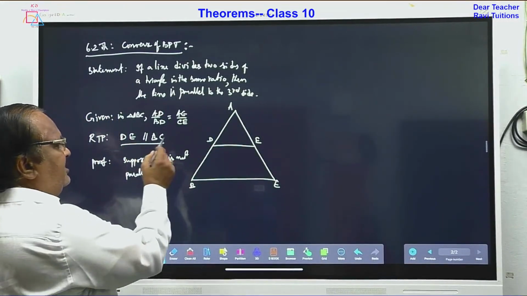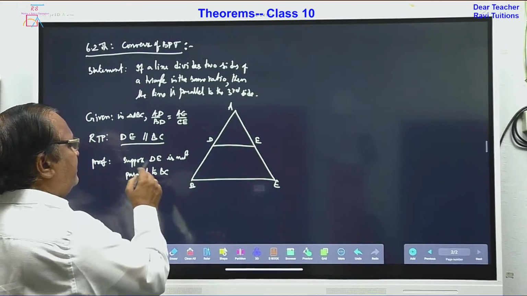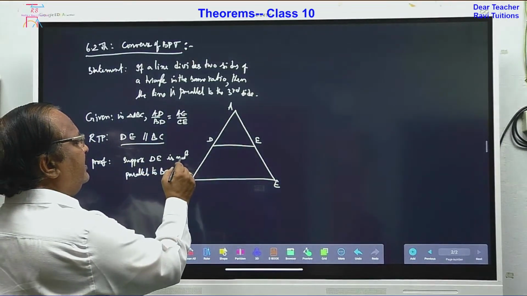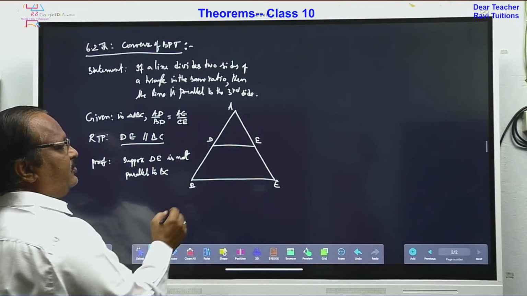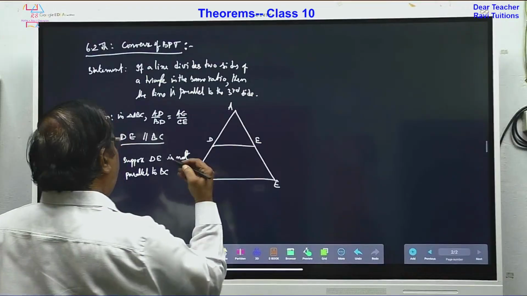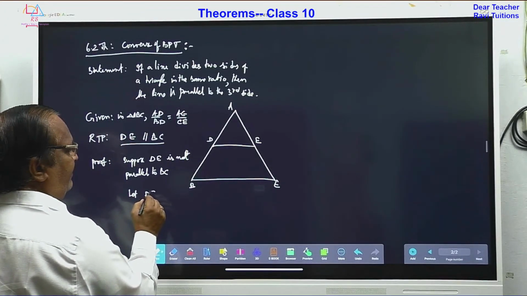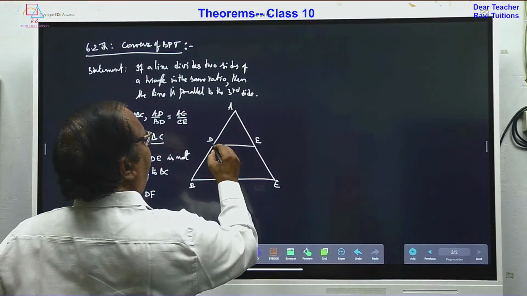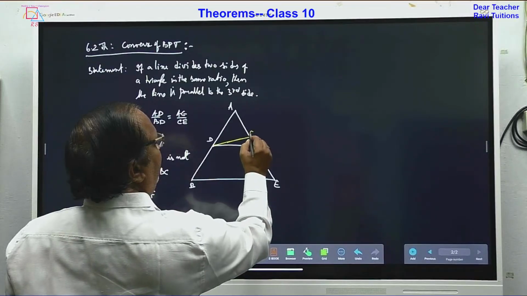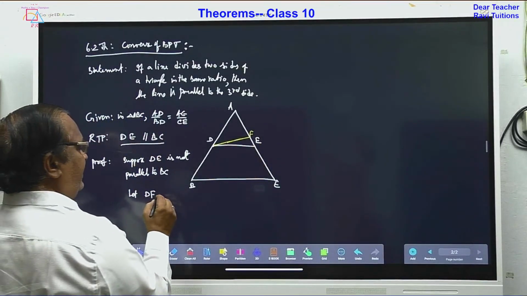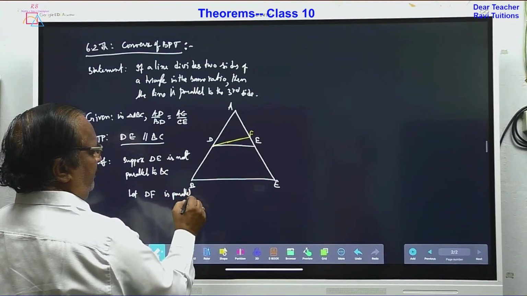DE is parallel to BC, that's what we have to prove, so you take it in the opposite way. Suppose DE is not parallel to BC. Then definitely from D there will be a parallel. Let DF be parallel to BC.